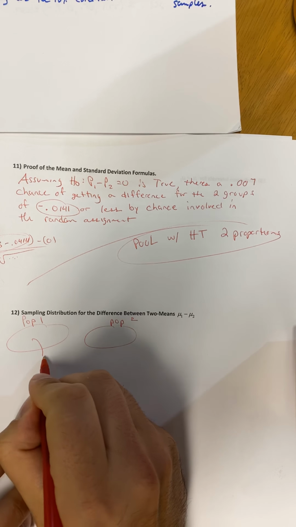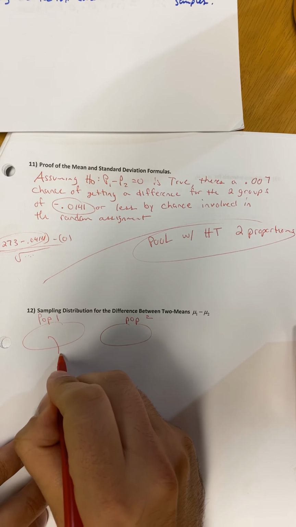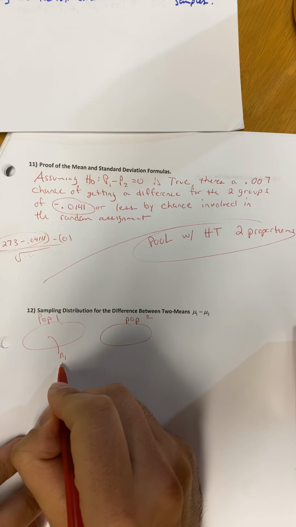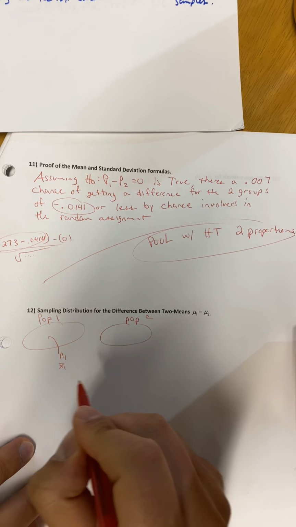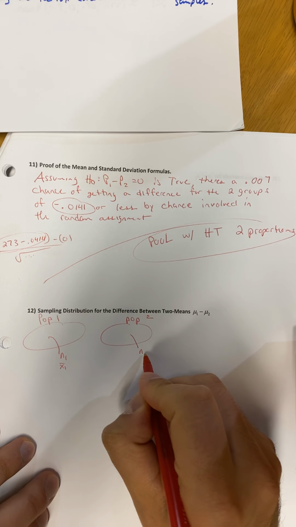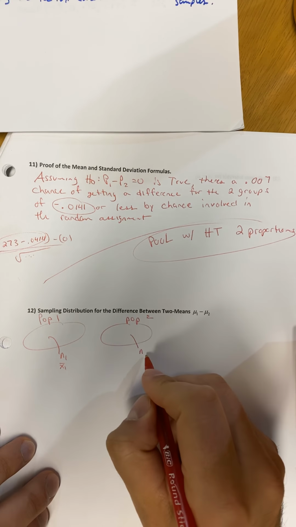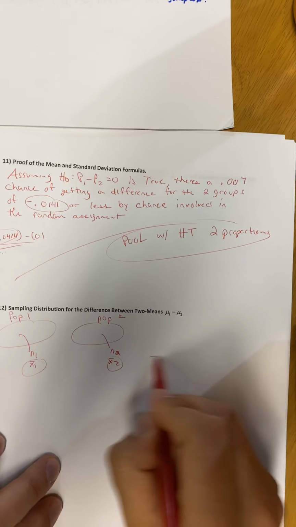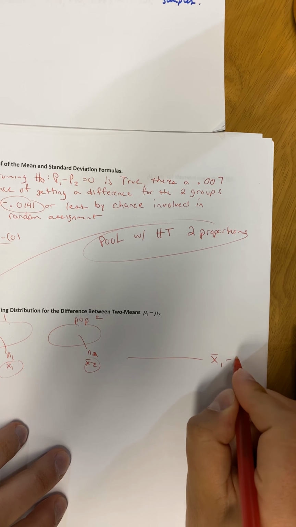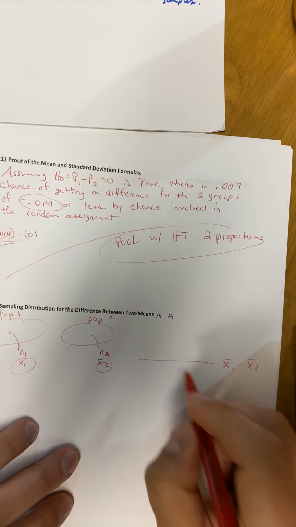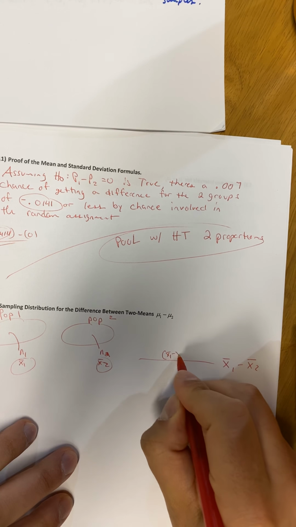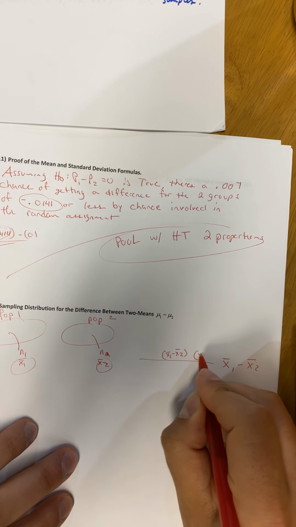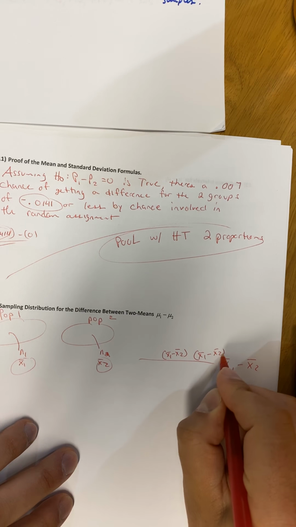So, they don't have to be the same size, but N1, find the X bar, take another sample from here, it's population 2, so N2, X bar 2. Then we subtract these results and we plot them. So we have all these different x bar 1s minus x bar 2s. And we do this a billion times.